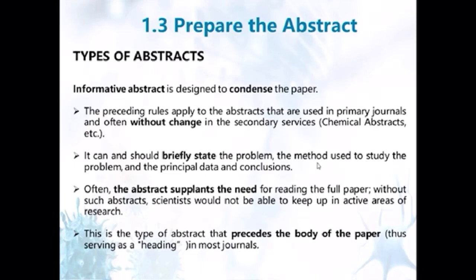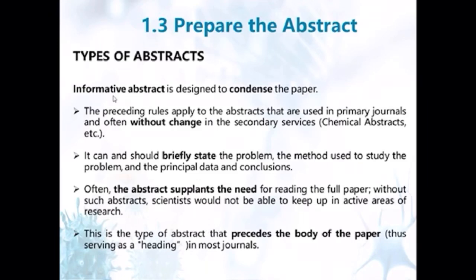The structure of the informative abstract is similar to the whole paper. Often, the abstract supplies the need for reading the full paper. Without such abstracts, scientists would not be able to keep up in active areas of research.